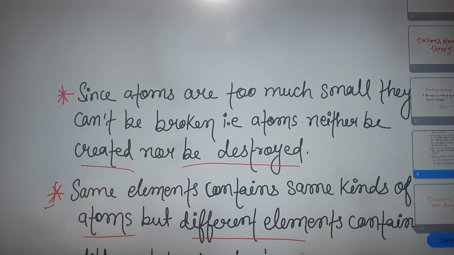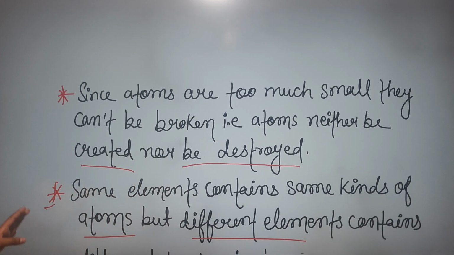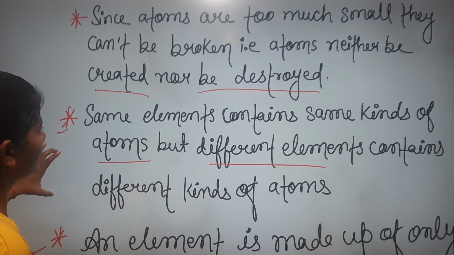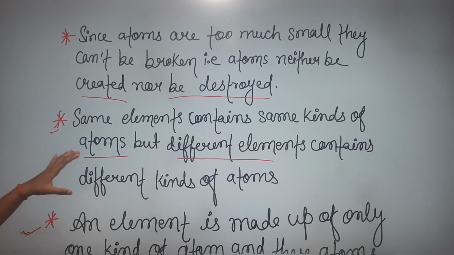And since atoms are too small, they cannot be broken. That is, atoms can neither be created nor be destroyed. And our third point is that same elements contain the same kinds of atom, and different elements contain different kinds of atom.